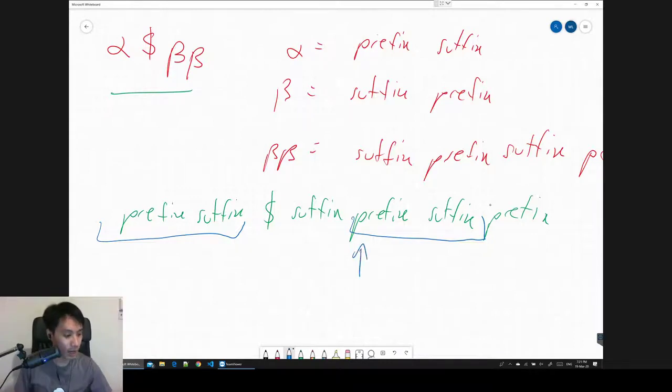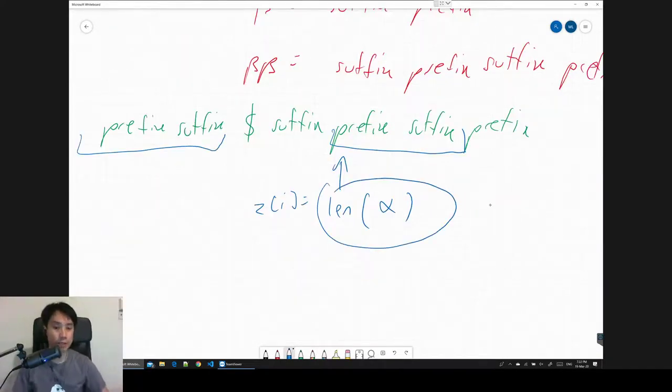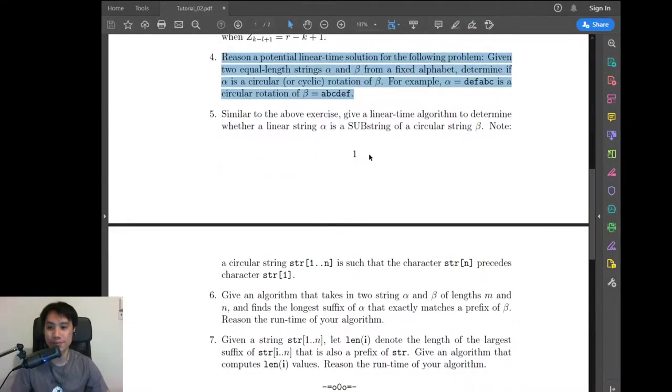The moment you find a Z at i equal to the length of alpha, you have found out it's a circular representation of alpha. If you never find the length of alpha, it means it is not a circular representation at all. So here is question number 4 answered.